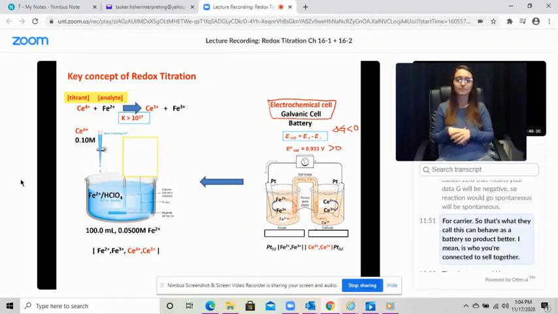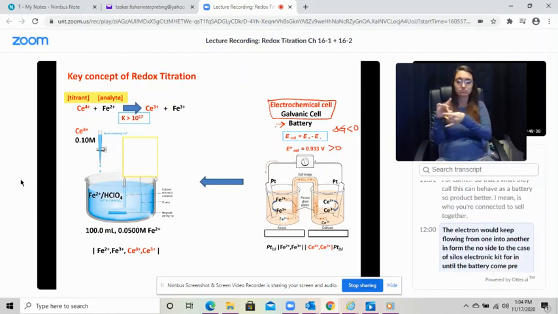So that's why this can behave as a battery. What a battery means is when you connect the two cells together, the electrons will keep flowing from one end to the other, from the anode side to the cathode side. Those electrons keep flowing until the battery completely discharges, when the anode and cathode potentials are equal to each other, and you have a discharged battery.